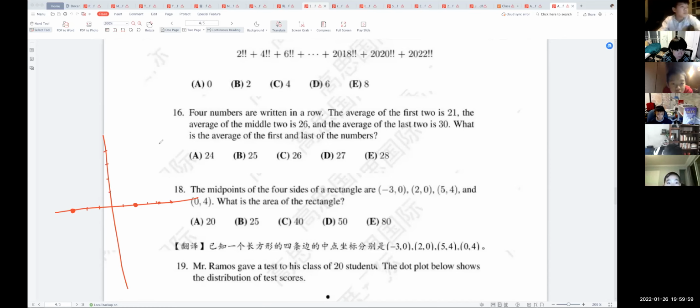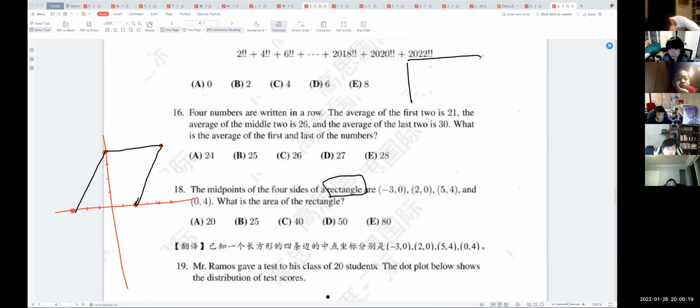And 0, 4. So obviously you're having a shape like that. They said these are the midpoints of the 4 sides of a rectangle. So let me ask you a very simple question. If you have a rectangle and you connect the midpoints, what is the area of this one to the total rectangle?